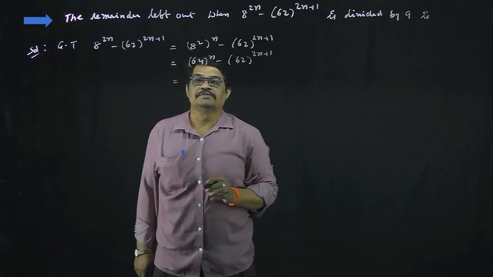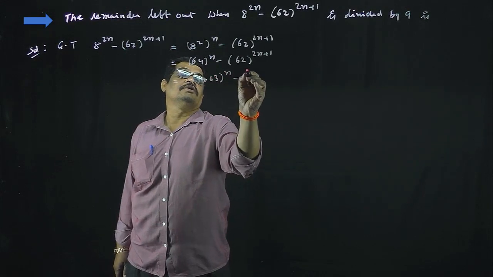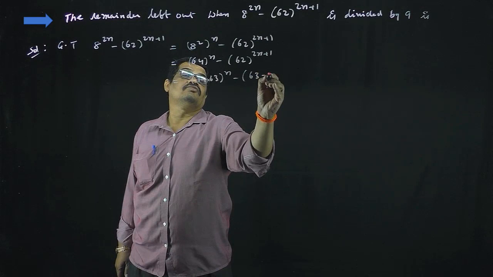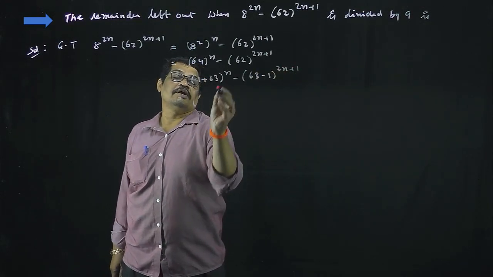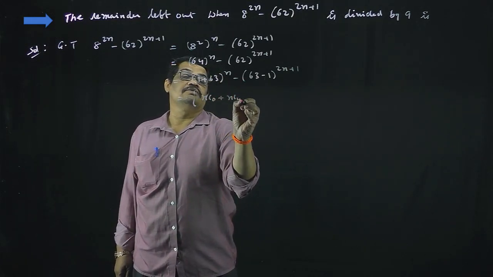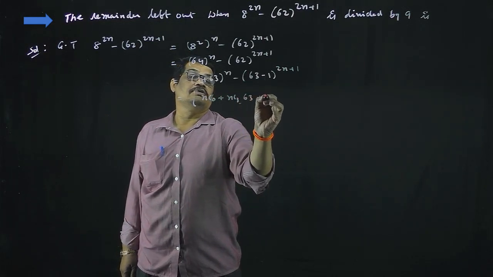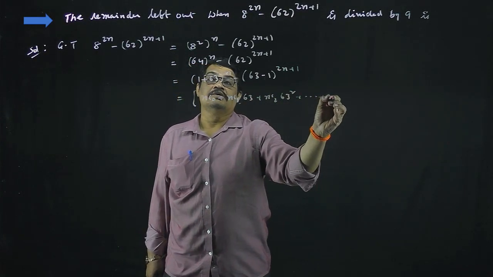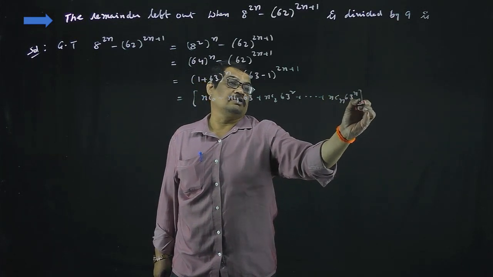So this can be written as 1 plus 63 whole power n. This can be written as 63 minus 1 whole power 2n plus 1. Now we are writing the expansion here: nC0 plus nC1 into 63, nC2 63 square and so on, nCn 63 to the power of n.